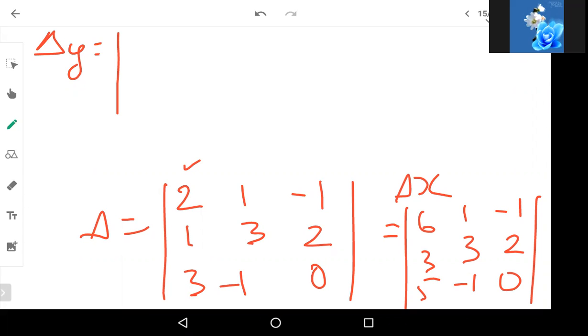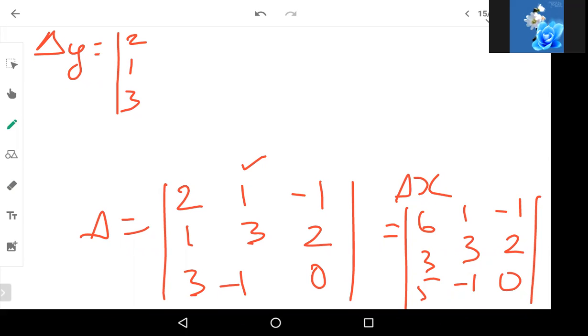Now coming to delta y, we will change the second column. Delta x is over. This first column is over. Now we will change the second column. So first and third column will remain as they are. There is no change. So what is the first column? 2, 1, 3. This will remain as it is.